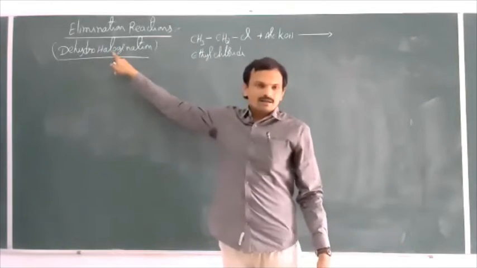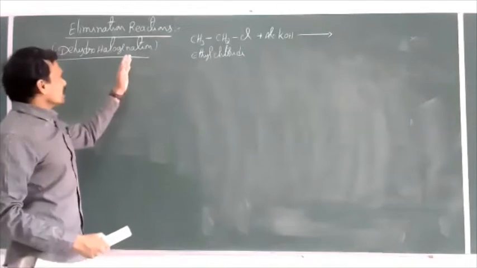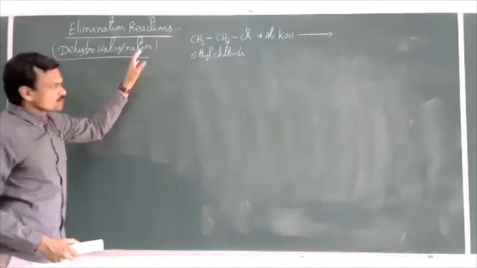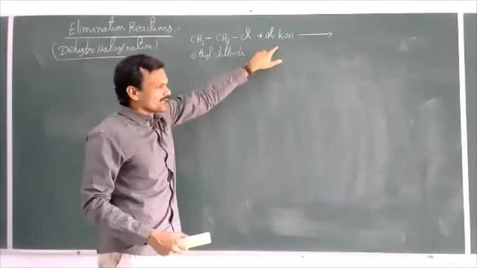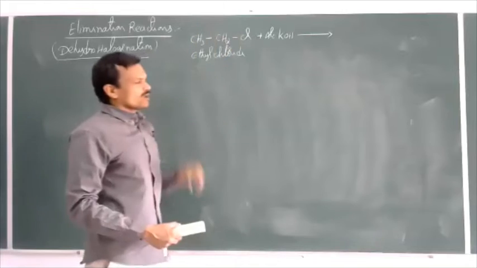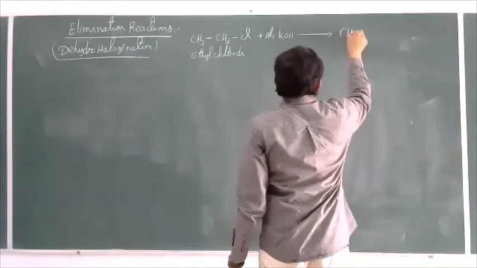Removal of hydrogen halide is called dehydrohalogenation. So when ethyl chloride is allowed to react with alcoholic KOH, dehydrohalogenation takes place and we can get alkene as the product.